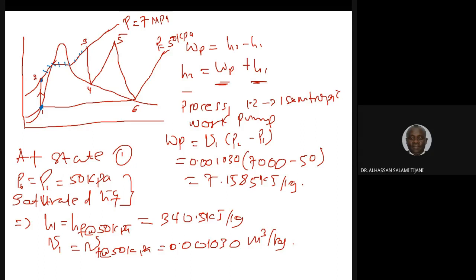So up to state 3, and then the fluid is expanded in the turbine. Then we have reheating before the fluid enters the second turbine, and then we have expansion again. So these are the properties that are given.